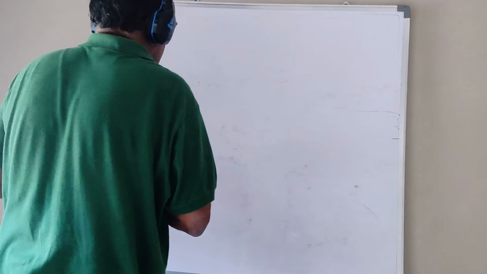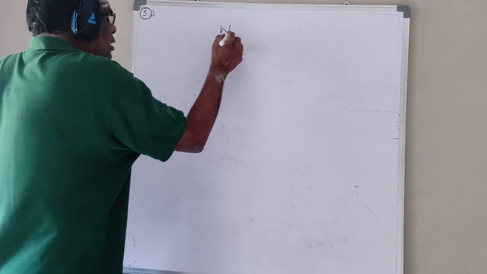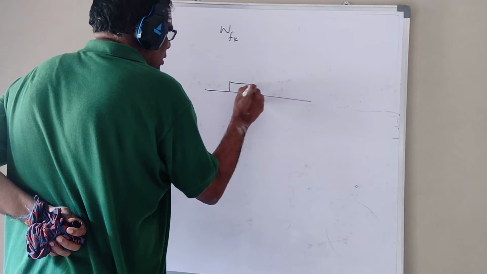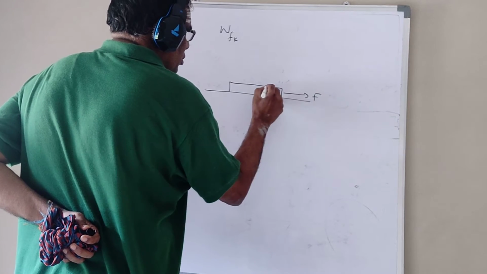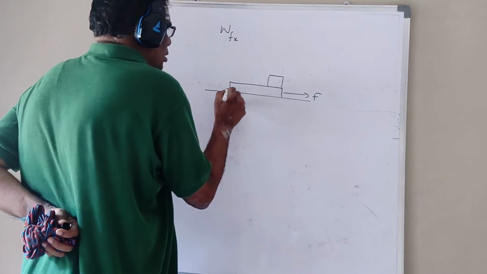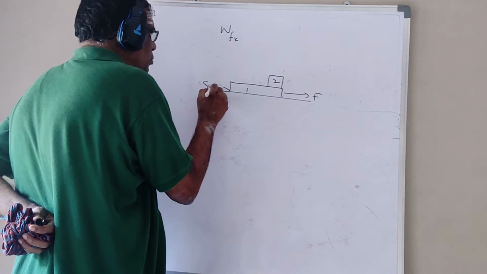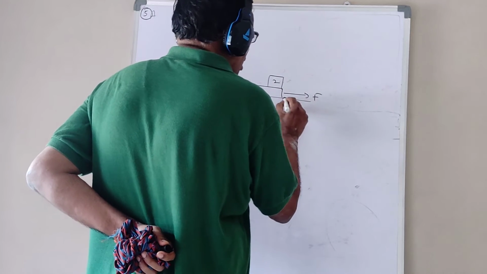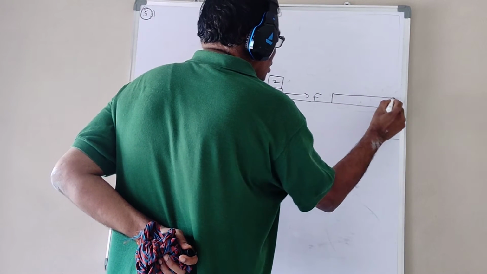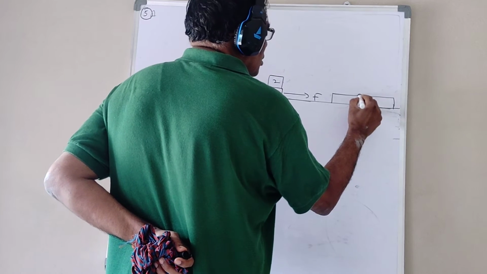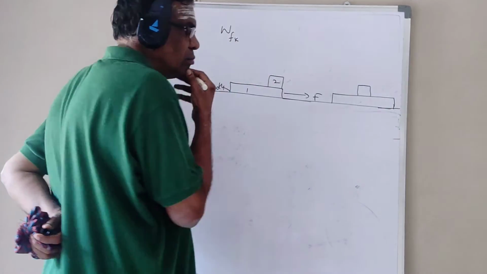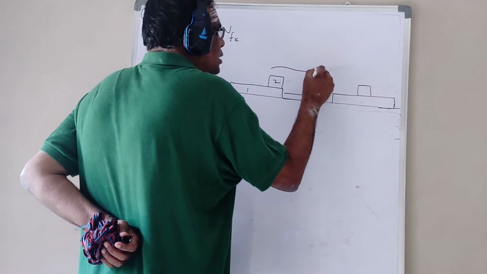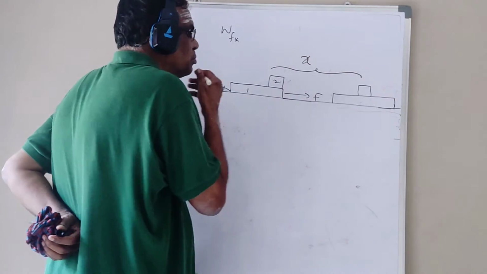Now, work done by kinetic frictional force. Let us say this is F, 1, 2. I am taking this to be smooth. This is slipping. Means what? This is how it is. Strictly speaking, this is the displacement.